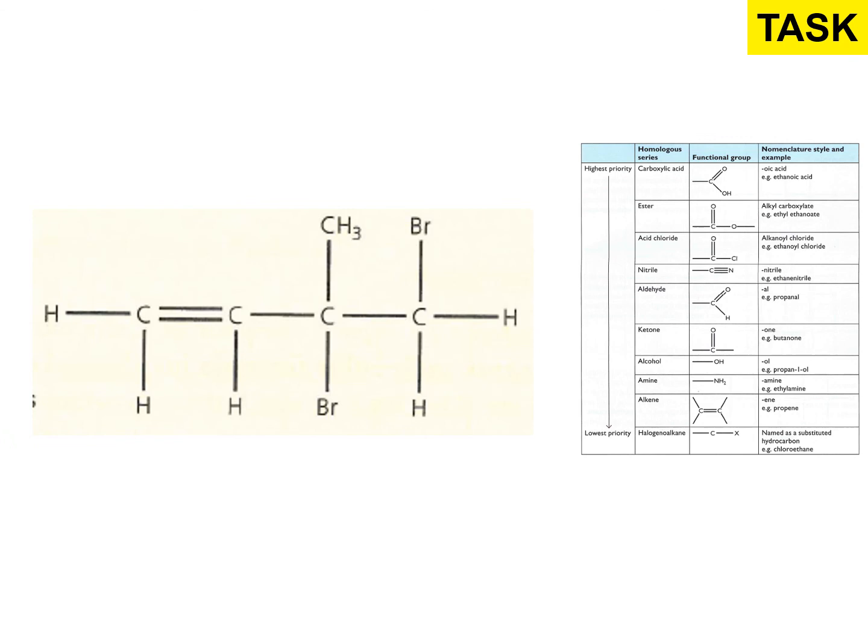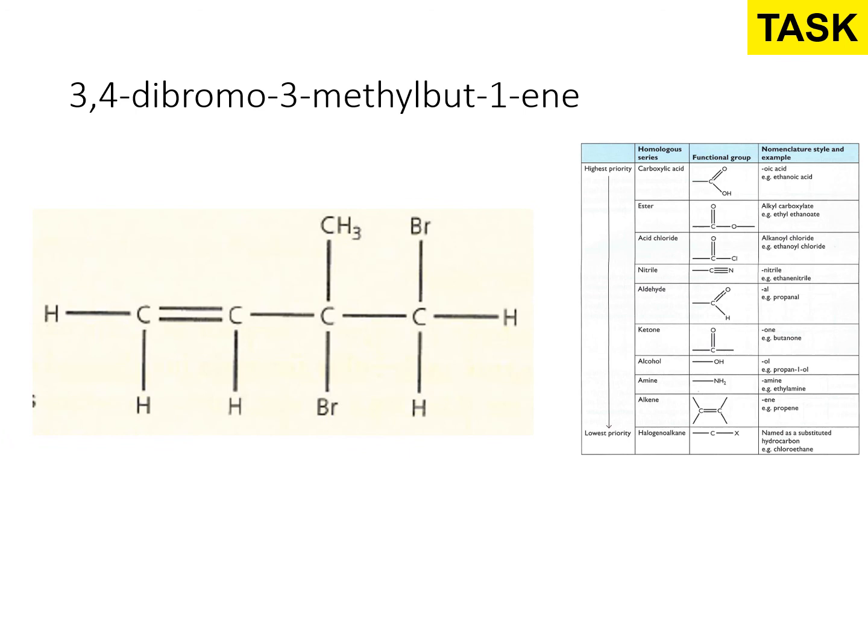I now have labelled my carbons, so I know that I have a methyl and a bromo on carbon number 3 and a bromo on carbon number 4. So the molecule becomes 3,4-dibromo-3-methylbut-1-ene. Just check why you have your commas, because you're between two numbers, and your dashes are always between a number and a letter.